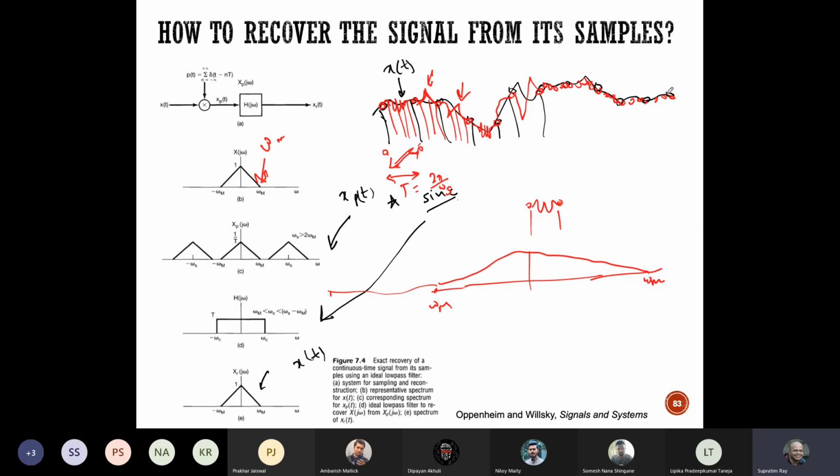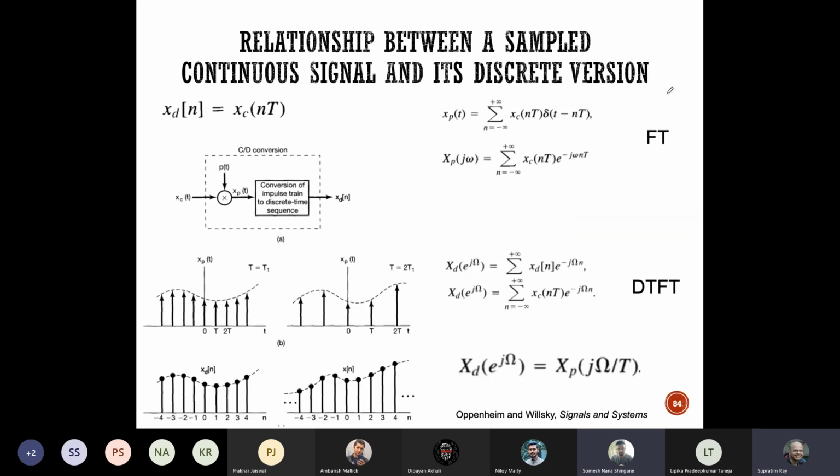Okay, does that make sense? Yes, sir. So it's actually very cool that way. If I sample a signal fast enough, I have basically obtained everything I need to know about the signal, including what's between any two samples.